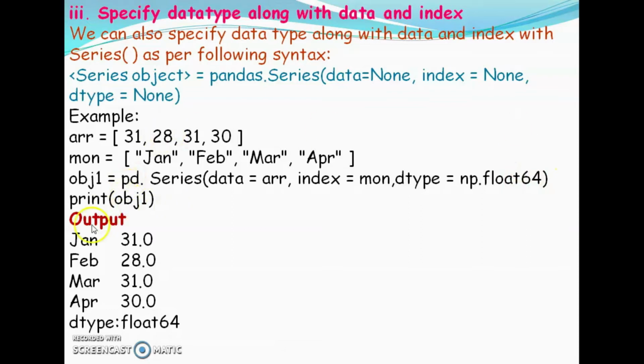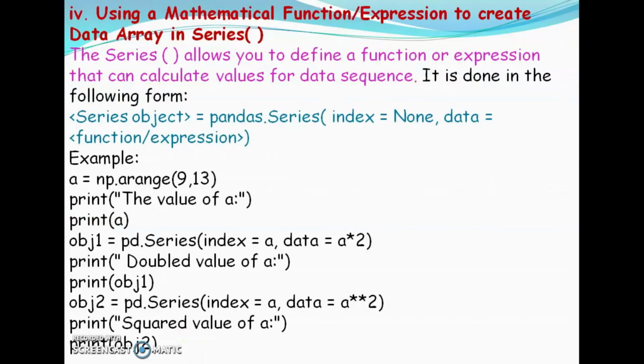Print obj1. The output is like this. Jan 31.0, Feb 28.0, Mar 31.0, Apr 30.0. dtype float64. Okay, clear?